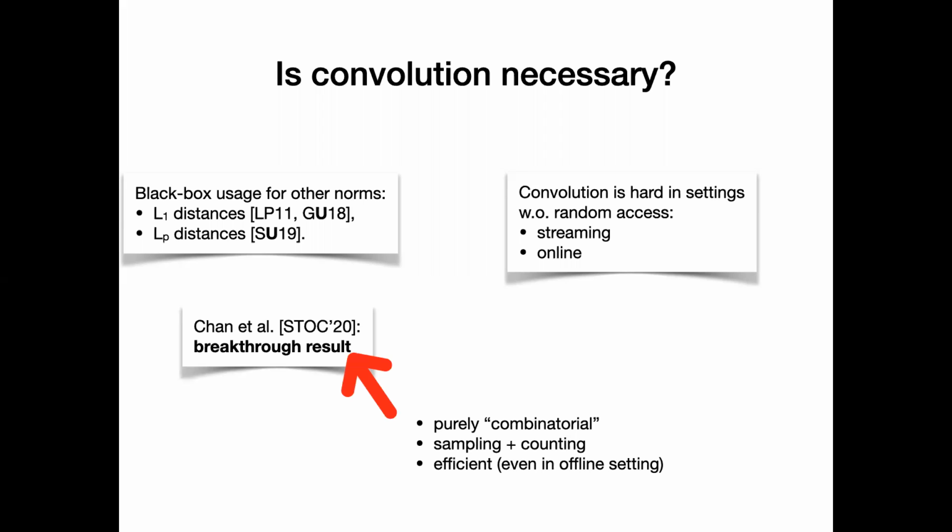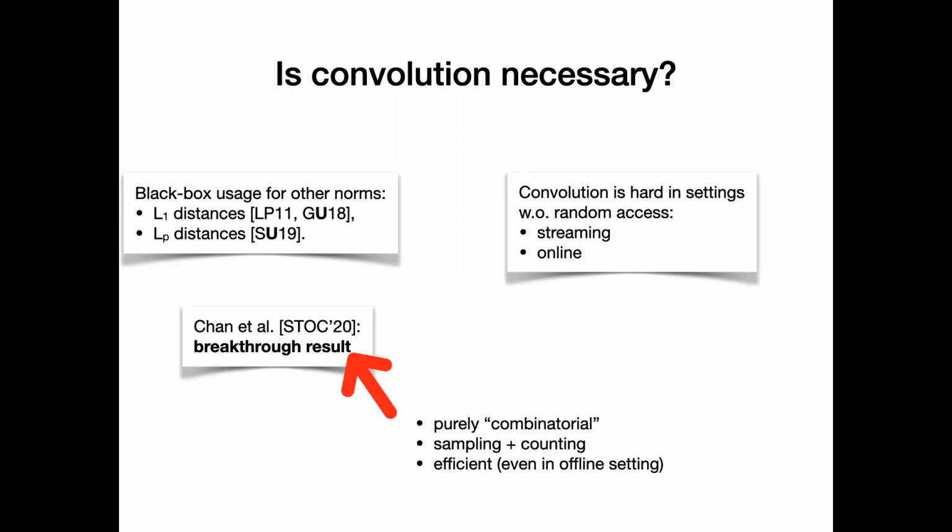So the situation here is that this year there was a paper at STOC with a very beautiful application of sampling and counting, and a full spectrum of results improving many settings, streaming setting, offline setting. And it was not using convolution. It was just doing some sampling and counting.